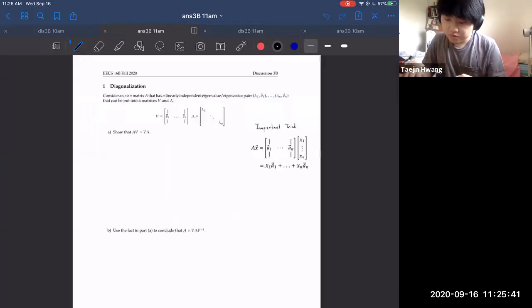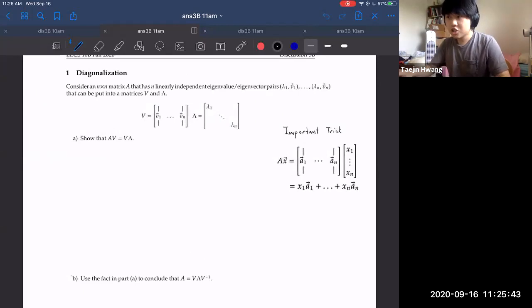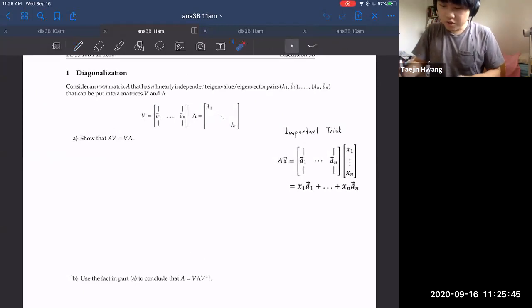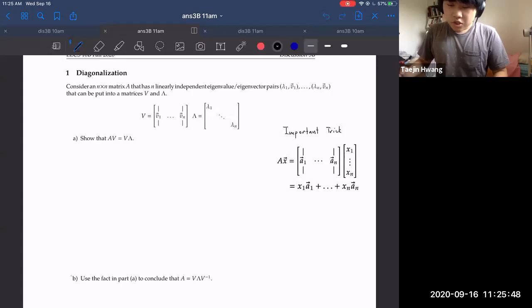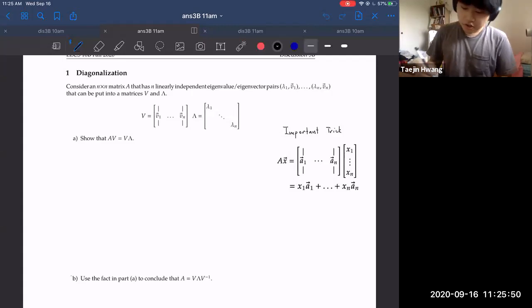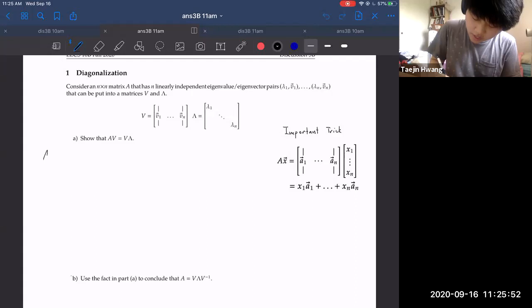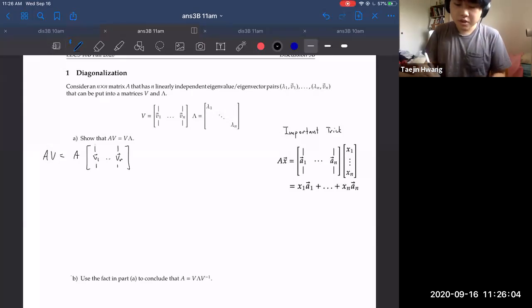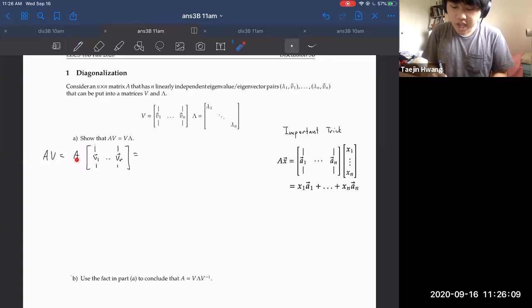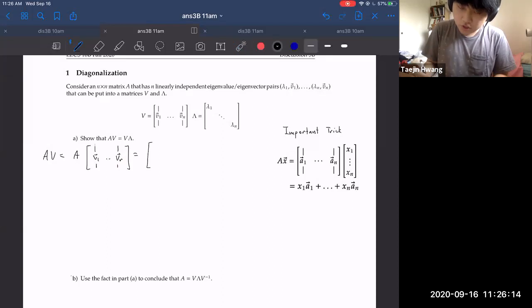discussion worksheet. And I've just copied over the trick I wanted to talk about over here. So essentially how to do this, let's take a look at A times V. This is going to be equal to A times, I'm just going to rewrite V in terms of its columns. And from the properties of matrix multiplication, if you multiply a matrix A by its individual columns, you can distribute it.